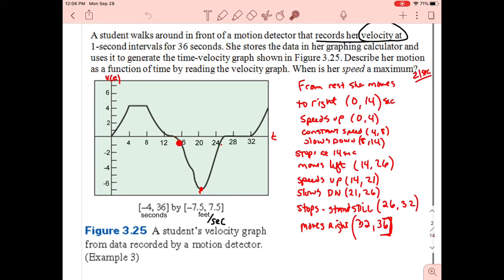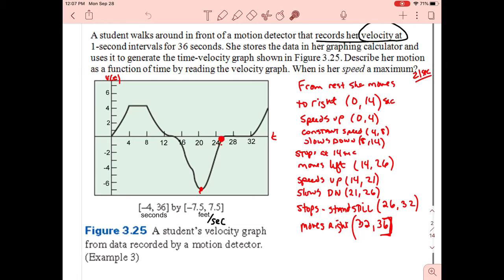And then she changes direction, and she is either moving left or moving toward the motion detector. She's going to be speeding up from the 14-second mark until the 20-second mark, moving to the left. At the 20-second mark, she's still moving left because the velocity is negative, but she is slowing down. Her speed is slowing down.